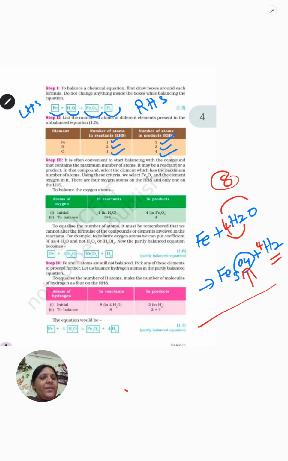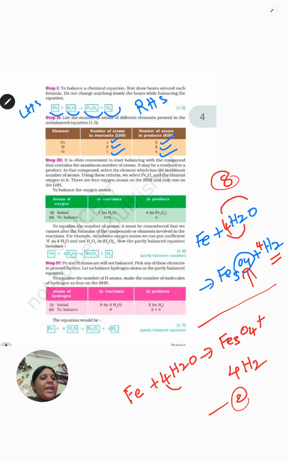That is our second equation: Fe plus 4H2O gives rise to Fe3O4 plus 4H2. In this case, 8 hydrogens on this side and 8 hydrogens on that side, 4 oxygens and 4 oxygens. This much is completed.